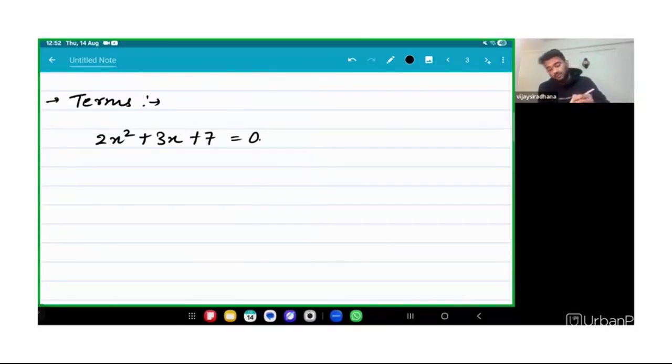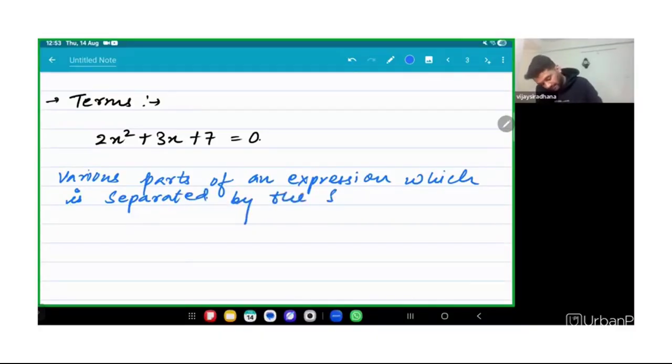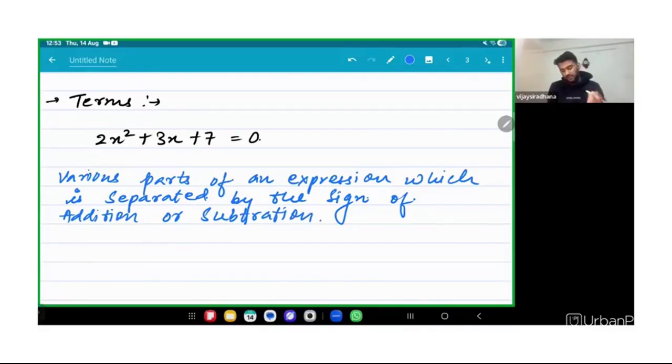Now, over here, the definition of term says that various parts of an expression which are separated by the sign of addition or subtraction are known as the terms.